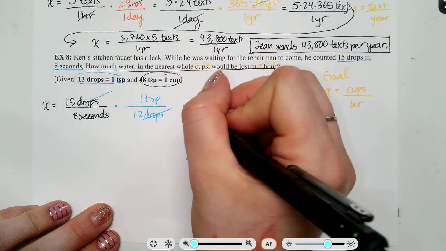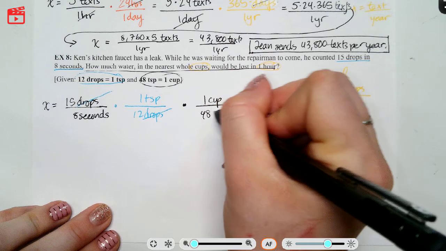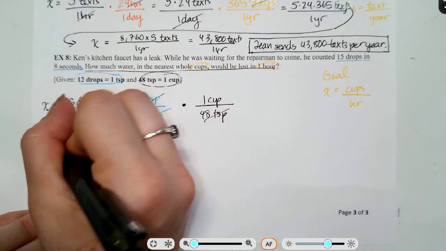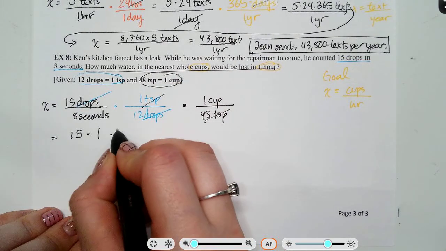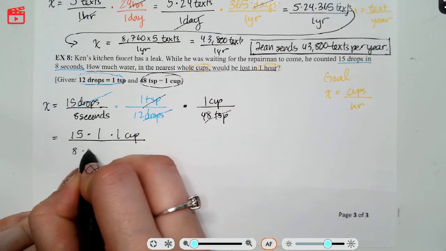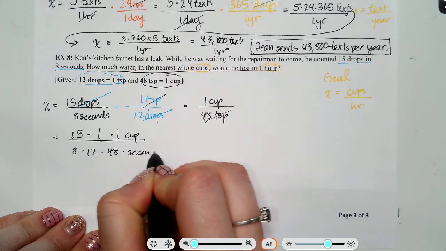We're going to multiply by 1 cup is 48 teaspoons, and then the teaspoons will cancel. So what am I left with? I'm left with 15 times 1 times 1 cup, all over 8 times 12 times 48 seconds.